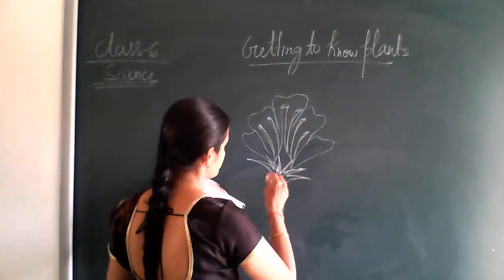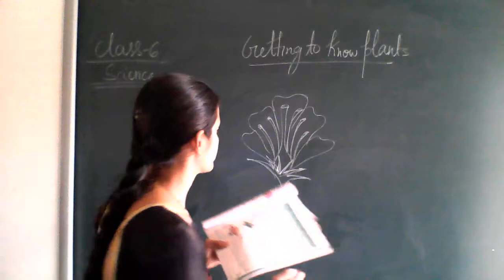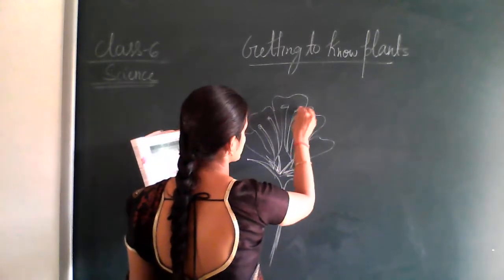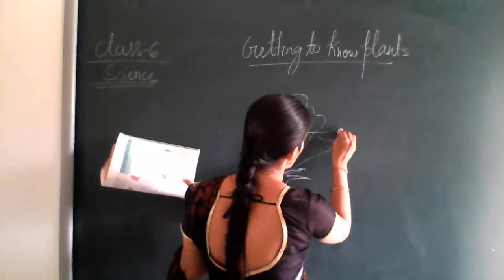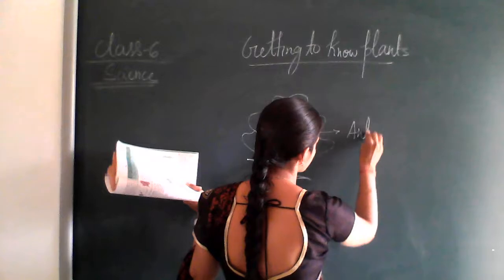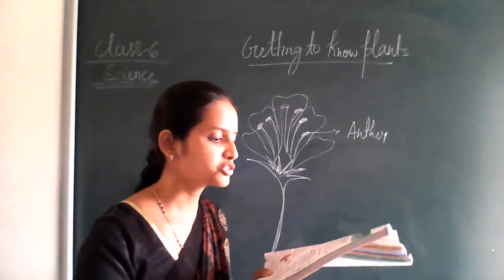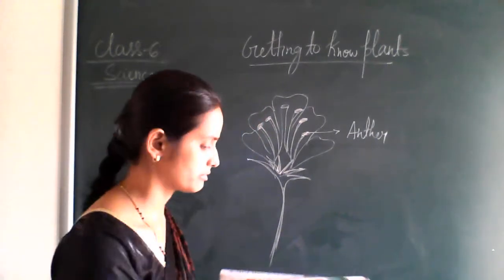First you can see the anther, yellow in color. These are the anthers. You can see figure 7.23, parts of a stamen, right?